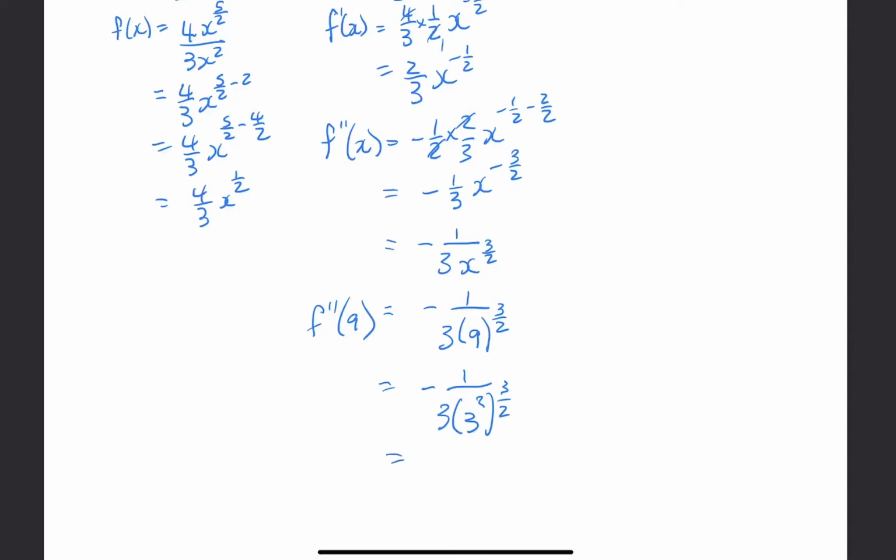Exponent law says that I'm going to multiply 2 by 3 over 2. And the 2 will cancel. 3 cubed is 27, times 3 is 81. So my answer will be negative 1 over 81.